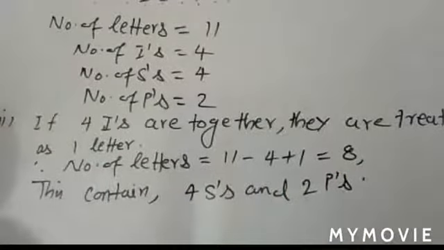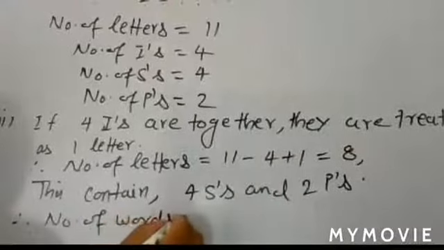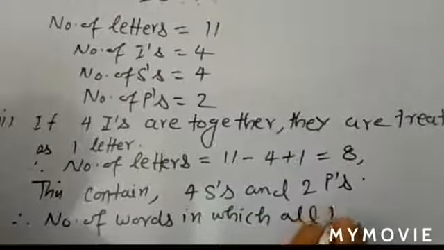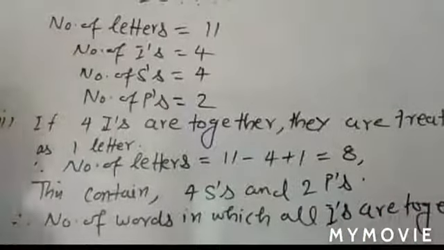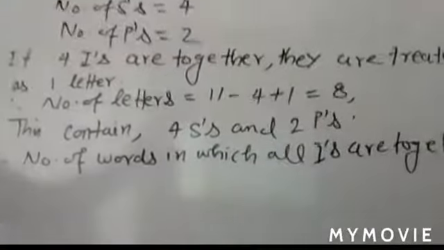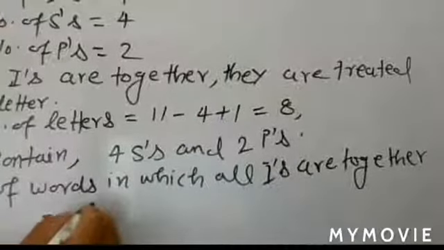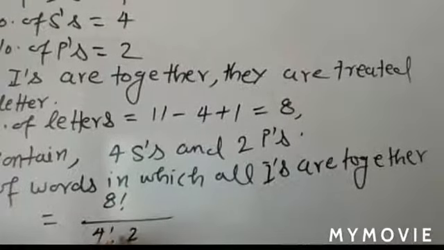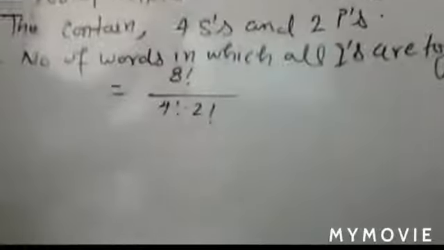So the number of words in which all I's are together is equal to 8 factorial upon 4 factorial into 2 factorial.